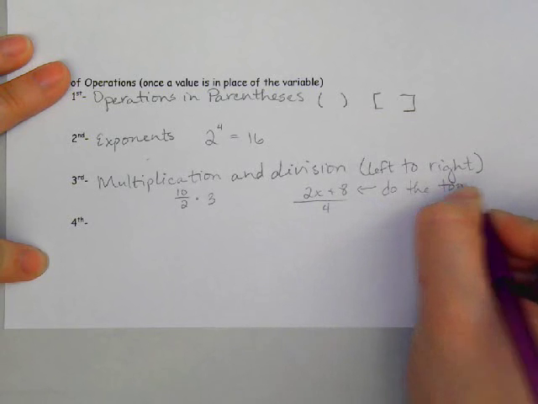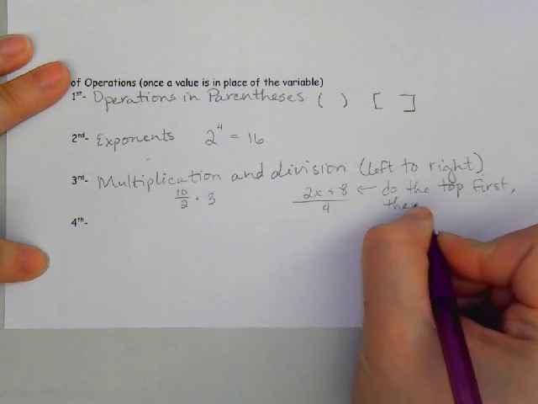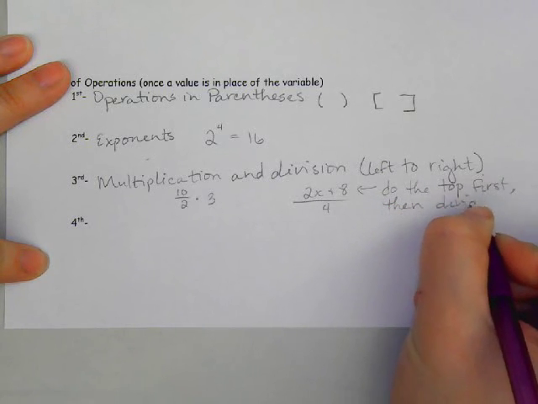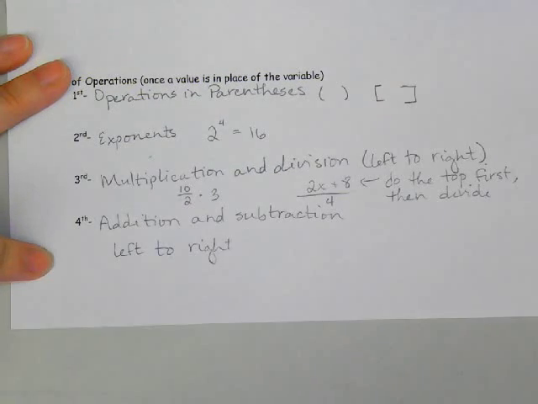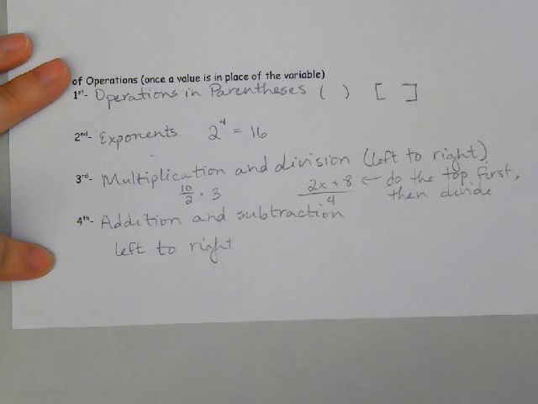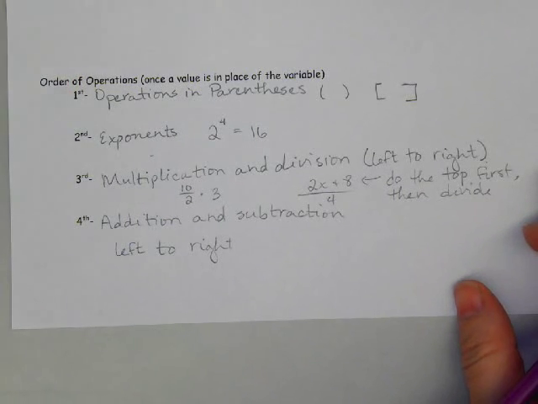Do the top first, then divide. Finally, I'm going to do addition and subtraction. Once again, I'm going to go from left to right. Whatever comes first in my reading order, that's what I'm going to do first.